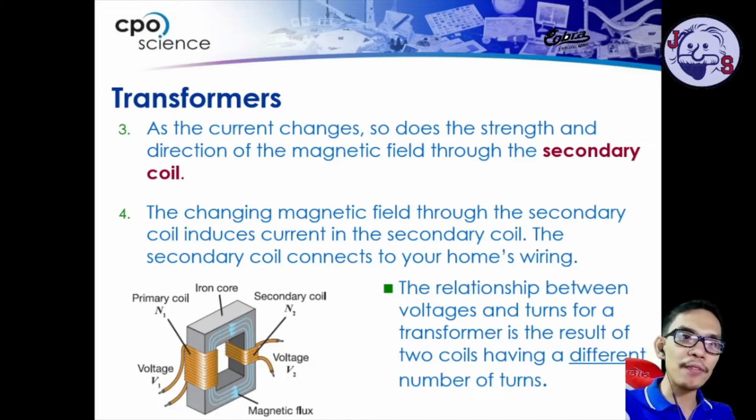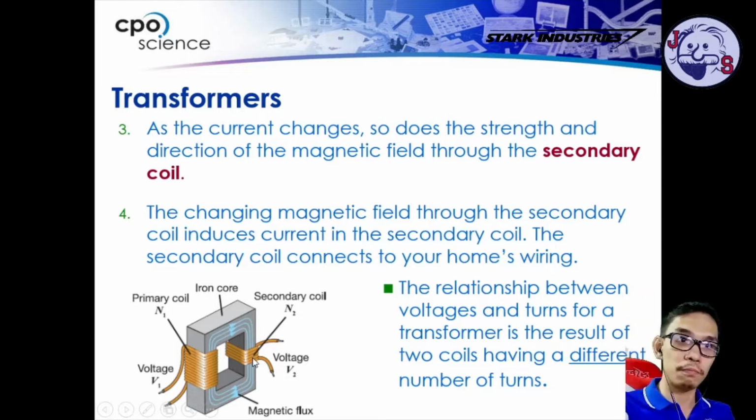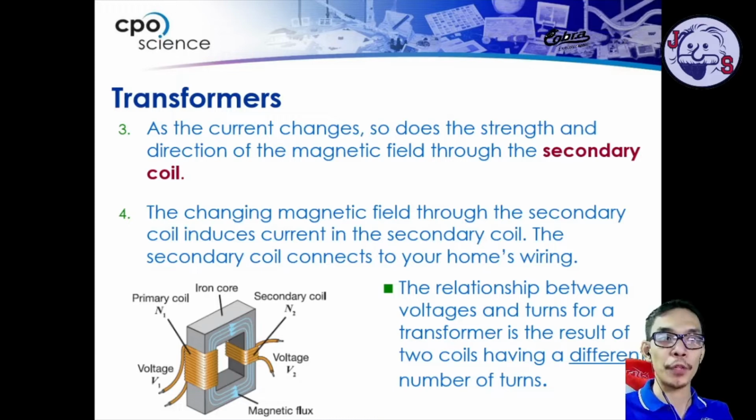They always have different numbers of turns. Either, like the one you have right here, the primary coil has more turns than the secondary coil, or the other way around. So they must have different numbers of turns.